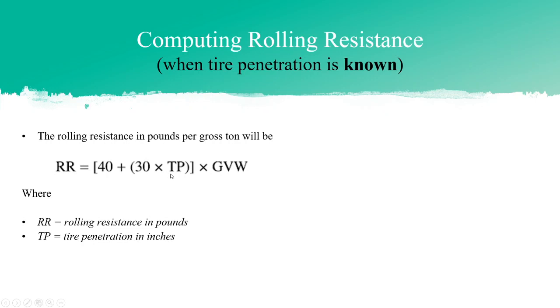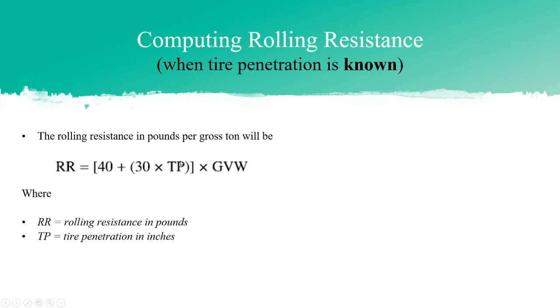And that makes sense, right? It means the deeper the tire penetration, the higher the rolling resistance, right? So when your machine gets stuck, there is a lot of tire penetration. So there is a great deal of rolling resistance. That's why it is difficult to get out of, very stuck, right?